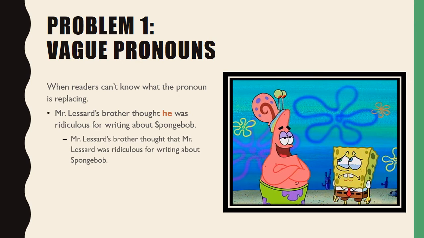They might think that Mr. Lassard's brother thought that Mr. Lassard was ridiculous for writing about SpongeBob. Or somebody else might read it and think that Mr. Lassard's brother thought that he himself, Mr. Lassard's brother, was ridiculous for writing about SpongeBob. We just don't know because the pronoun is too vague.